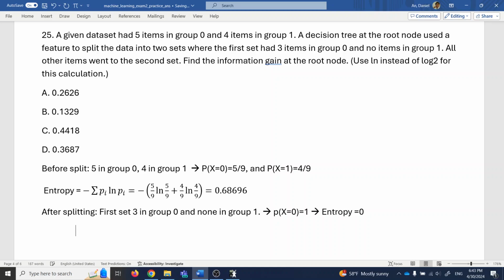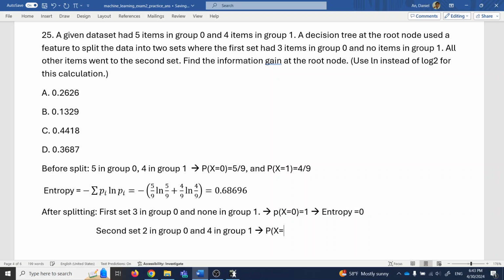Now the second set has, well, see, before we had 5 in group 0 and 4 in group 1, but then 3 of the group 0 guys went to the first set. So in the second set, you'll have 2 in group 0 and 4 in group 1, which would mean that it's very similar to this.